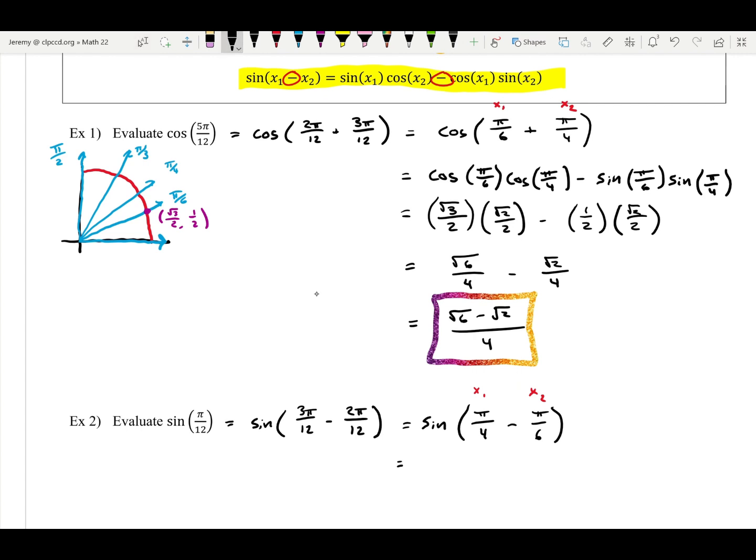So I'll do that now, and I will get sine of pi over 4 times cosine pi over 6 minus cosine pi over 4 sine pi over 6.